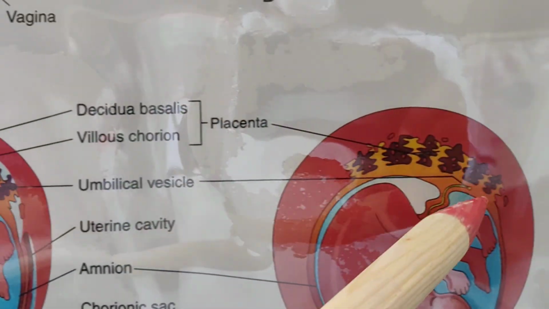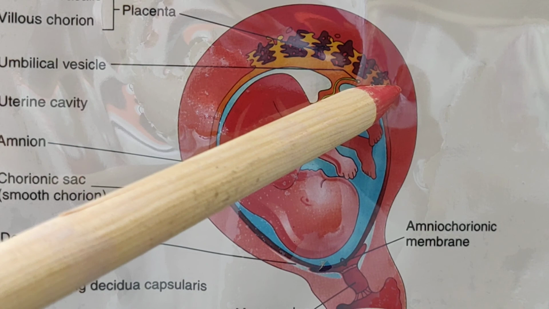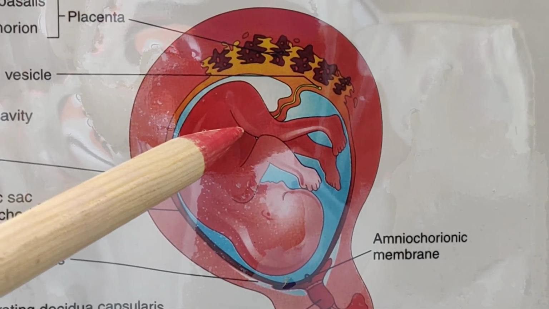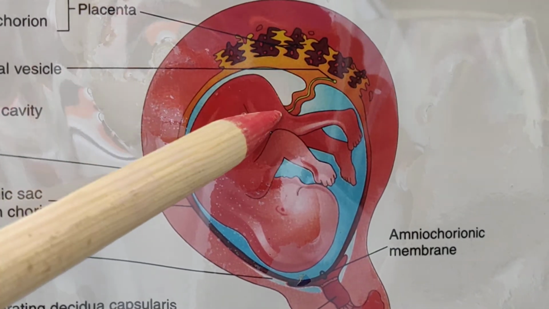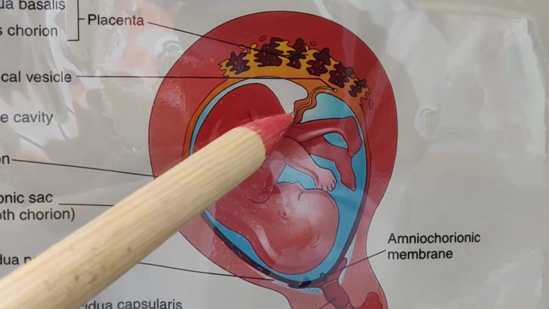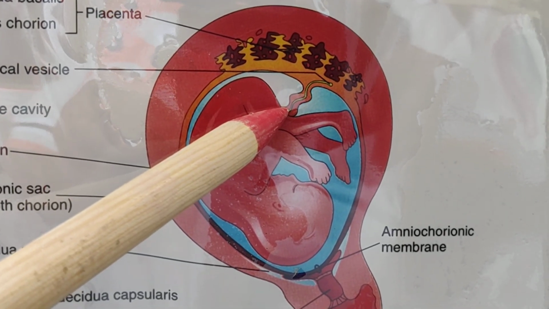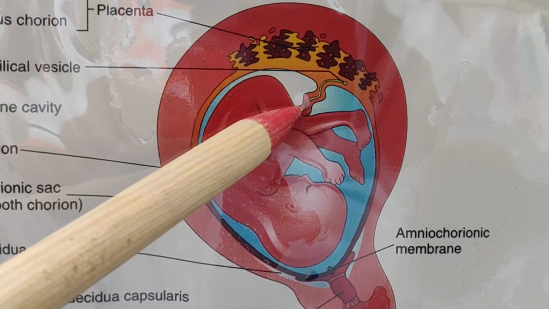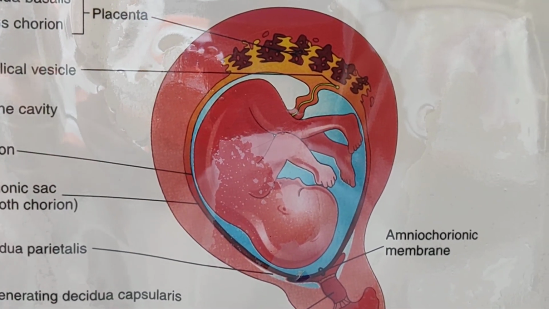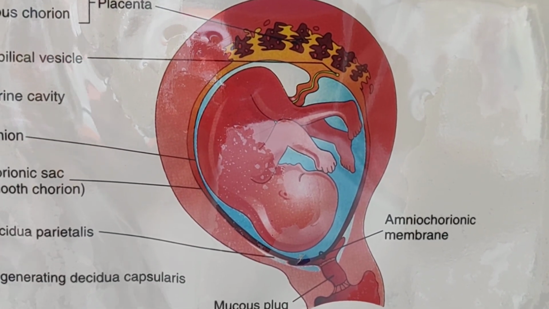And finally, this is the full term placenta, and it is connected with the fetus through the connecting stalk, the umbilical cord. The connecting stalk becomes the umbilical cord. So this is the formation and the feature of the placenta. In the next topic, we will discuss the gross features and the function of the placenta. Thank you very much.